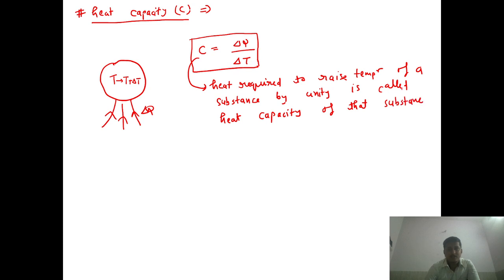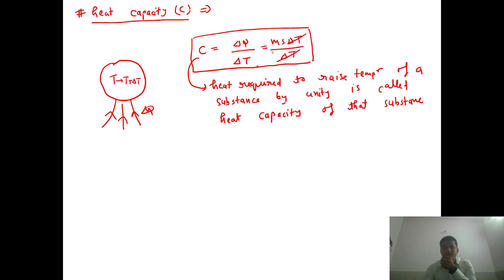If you remember the formula of delta Q we studied just before, delta Q is ms delta T. So the delta T cancels out, and we get C equals ms. This is also useful, so you can remember C equals ms.